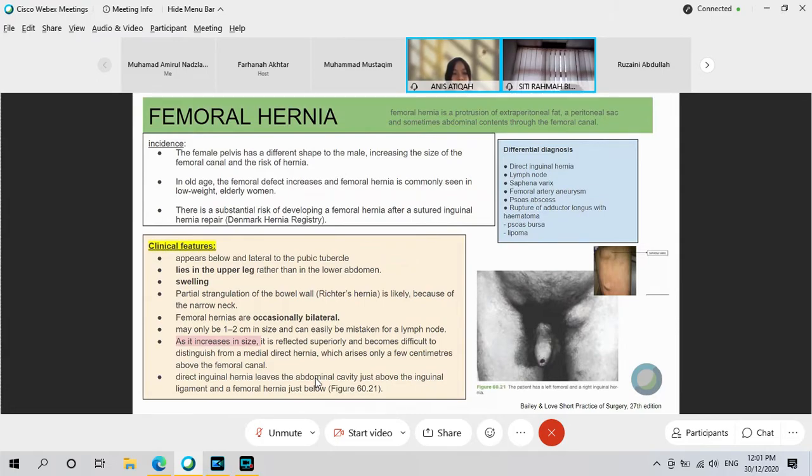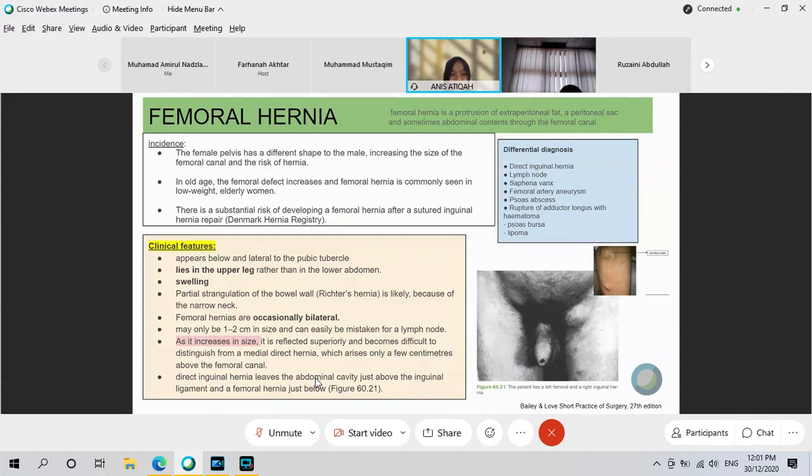Okay, next one is femoral hernia. Incidence: it is reported that the anatomy of the female pelvis has a different shape to the male, which increases the size of the femoral canal and the risk of having a hernia in females.